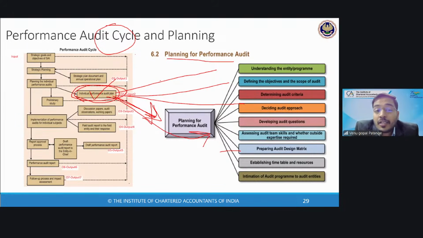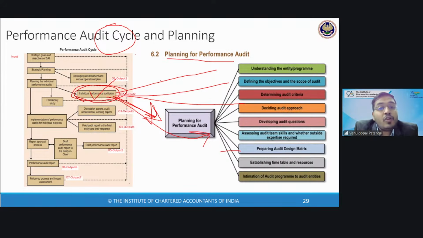We are not verifying the evidence here. Sufficient appropriate audit evidence is not verified. It is just planning. So planning needs so much effort in the case of PSU audit, specifically performance audit. Performance audit in PSU needs all these things.